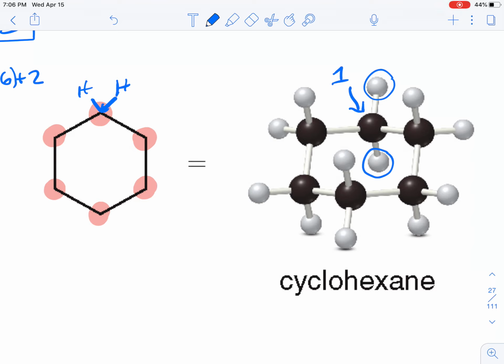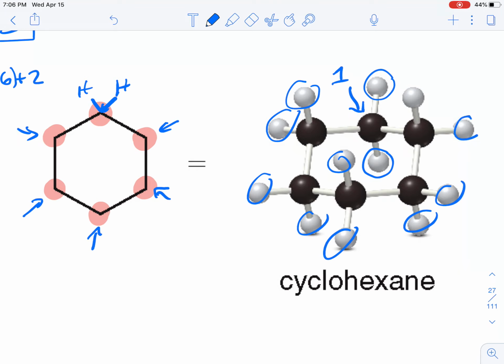Okay. And so if you were to think about the number of invisible hydrogens that are omitted in this skeletal structure, for the rest of these vertices, there should be 2 hydrogens. And you can see that by looking at the picture on the right.